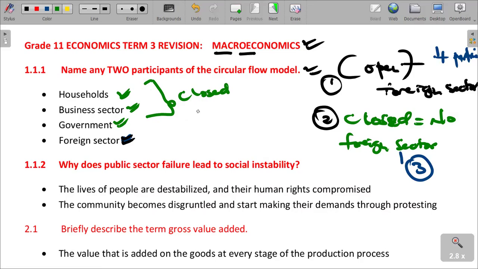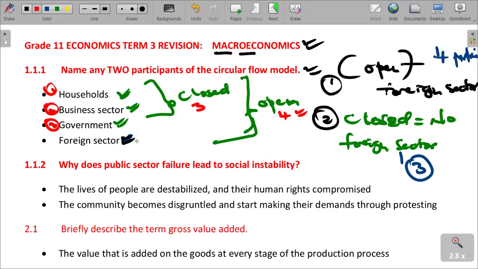An open circular flow model has all four participants. The three, household, business sector, and government, form the closed circular flow model.